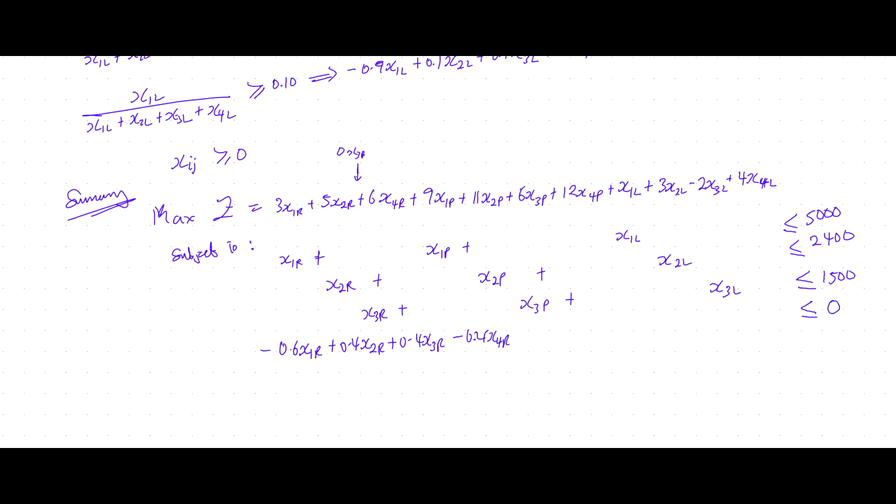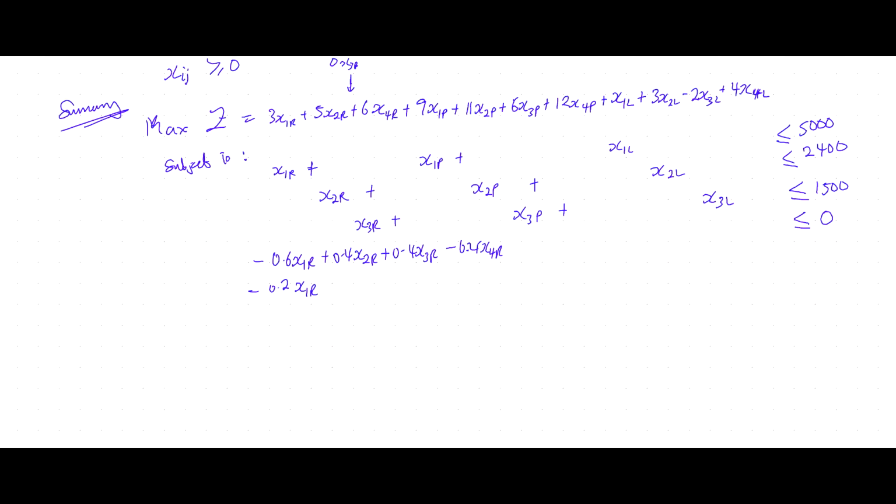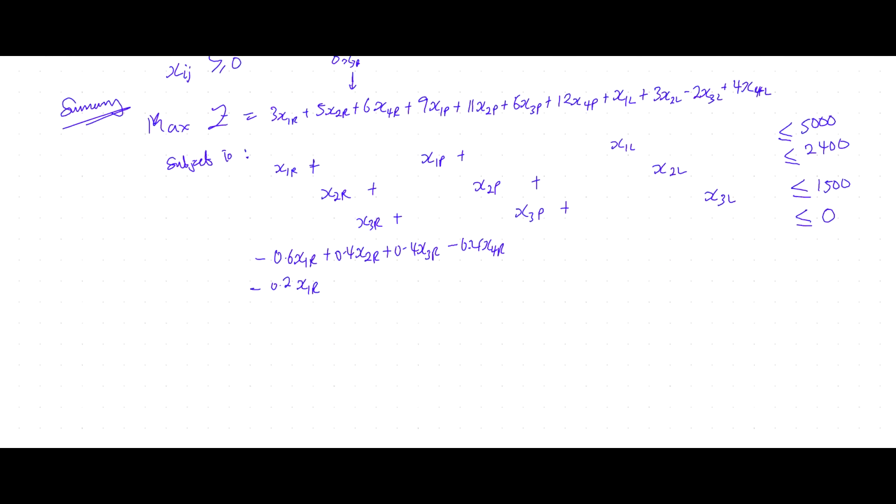Then we have negative 0.2 x1r plus 0.8 x2r minus 0.2 x3r, then minus 0.2 x4r less than or equal to 0.